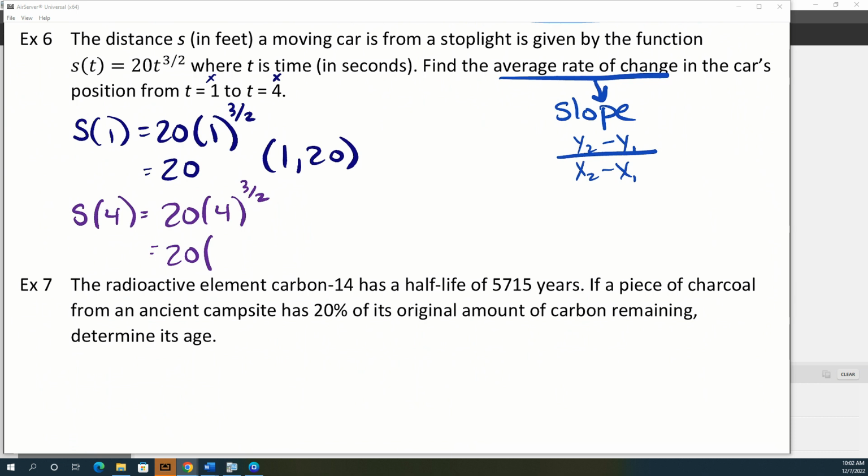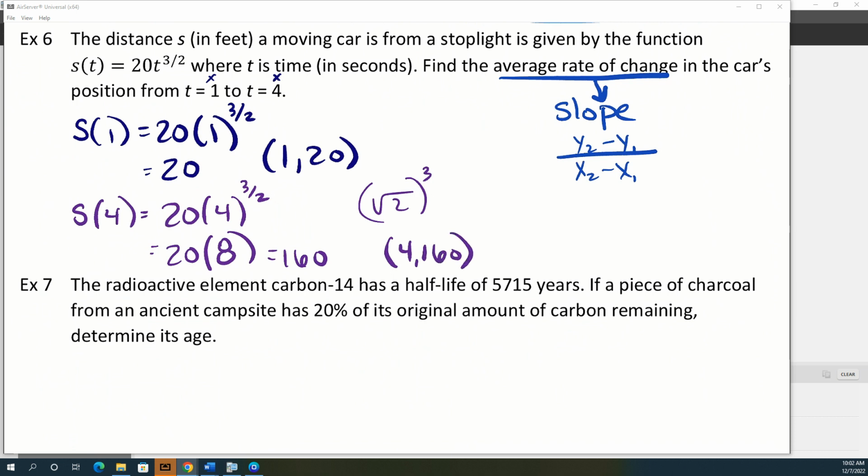So that would be 2 cubed, which is 8. Okay, so we did the square root of 4 and then cubed it. And that is going to give us 160. So that's the ordered pair 4, 160.